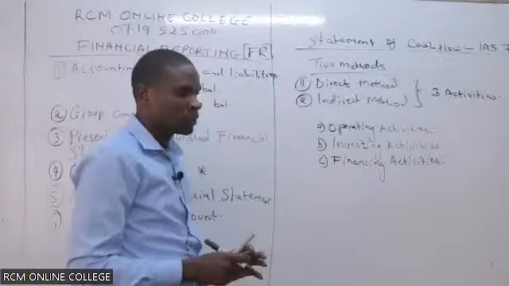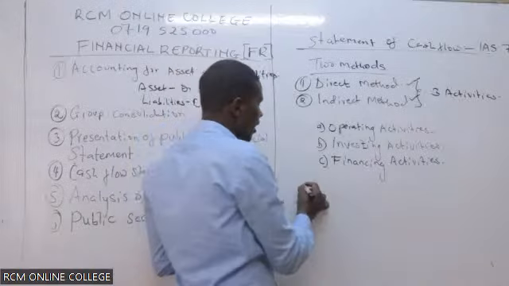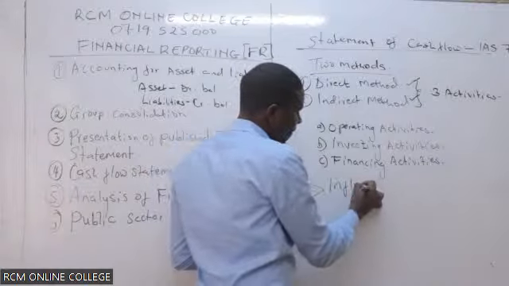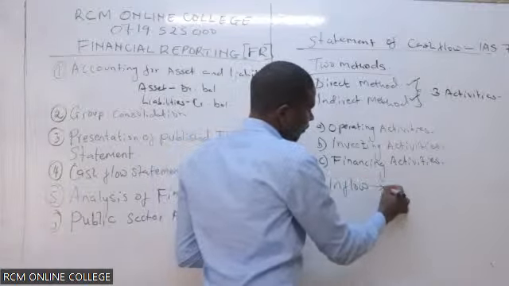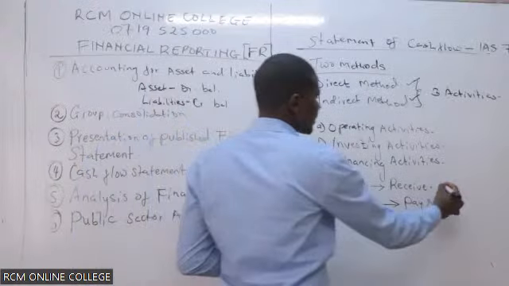Whatever you receive, we call it an inflow, and when we pay out, we refer to that as an outflow. The inflow is represented with a positive, we add, and the outflow is represented with a negative.